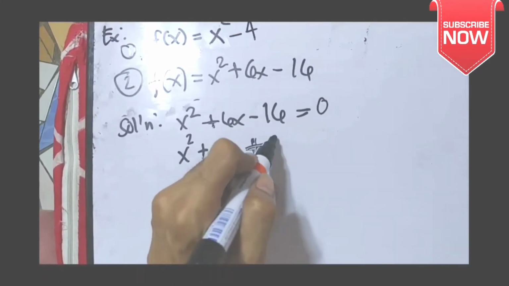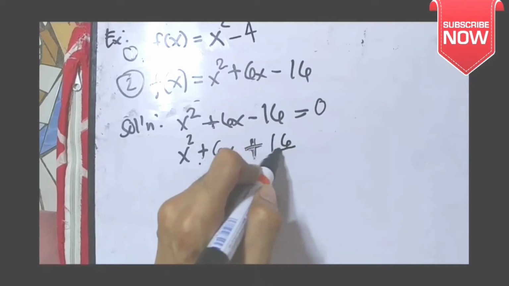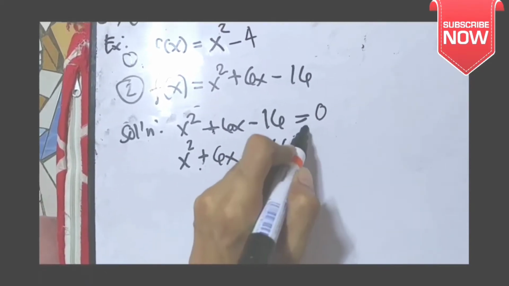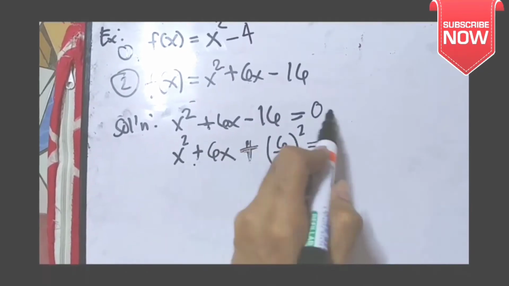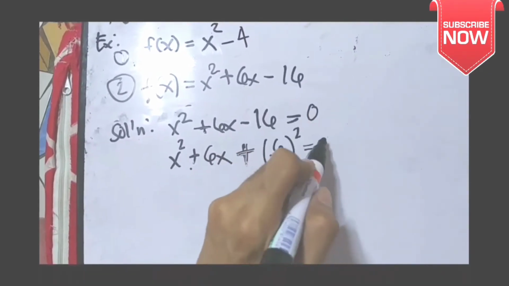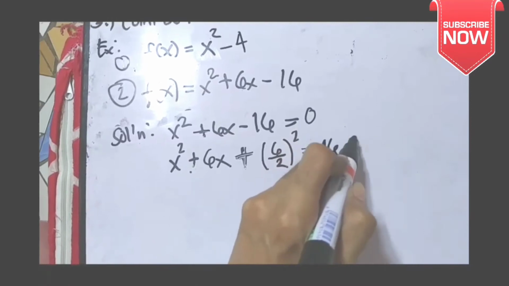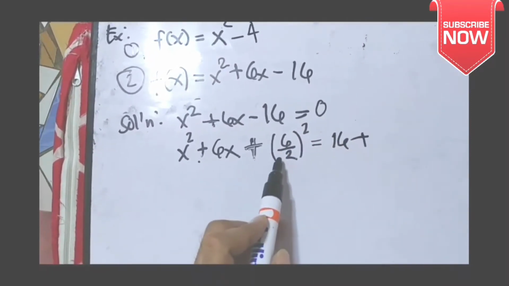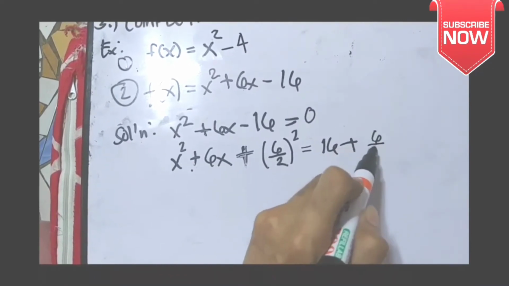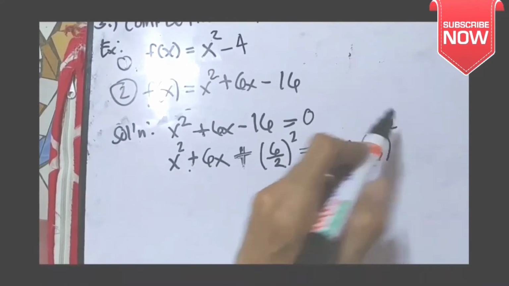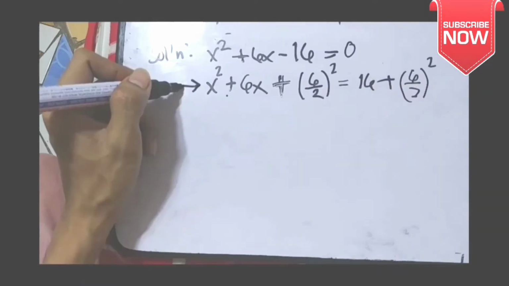So ang kalahati ng 6, i-divide natin sa 2, then wag natin kakalimutan i-square. Then, directly transpose na natin yung negative 16, so magiging positive 16, plus, kung ano ang dinagdag natin dito, yun din yung isusulat natin sa right side. So, 6 over 2 squared. That is the first step.